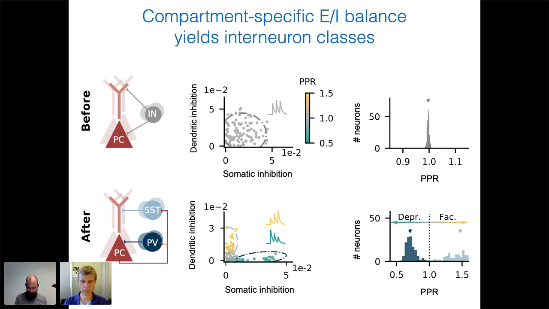And this is something that I thought was actually quite exciting, because it's one thing to take an interneuron circuit with many different cell types and then optimize the parameters in the system. But it's yet another thing to start with something that does not have that level of differentiation and then generate that differentiation into cell classes from scratch. And that's something I found quite exciting.